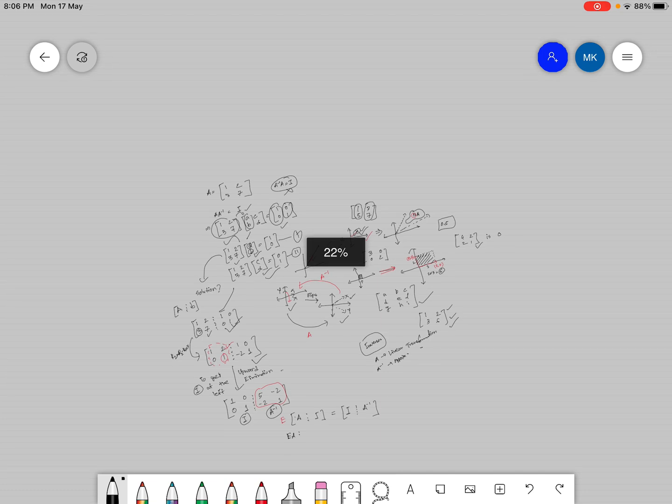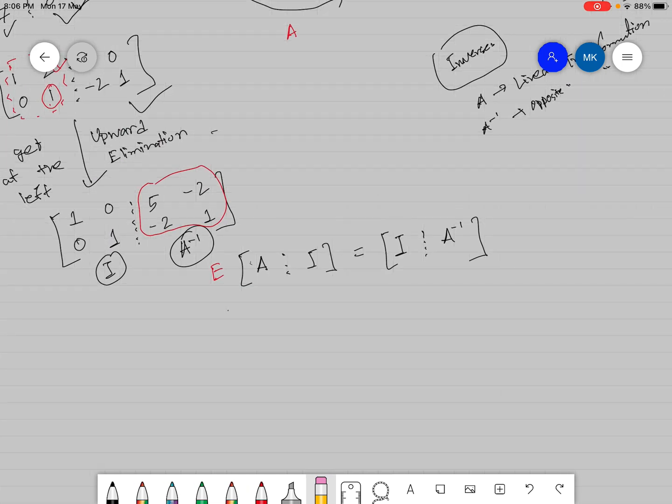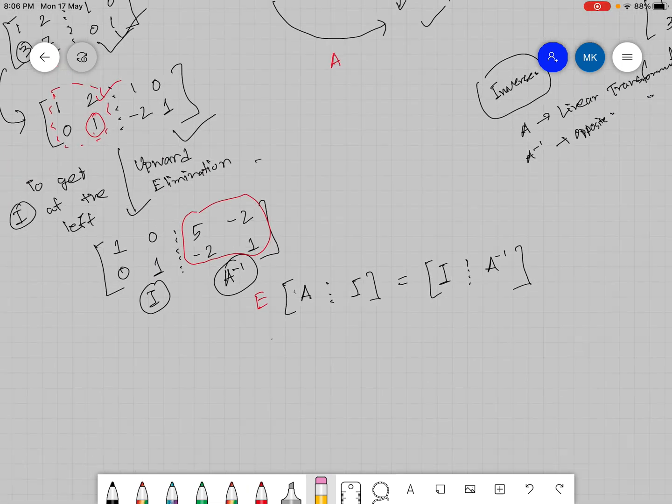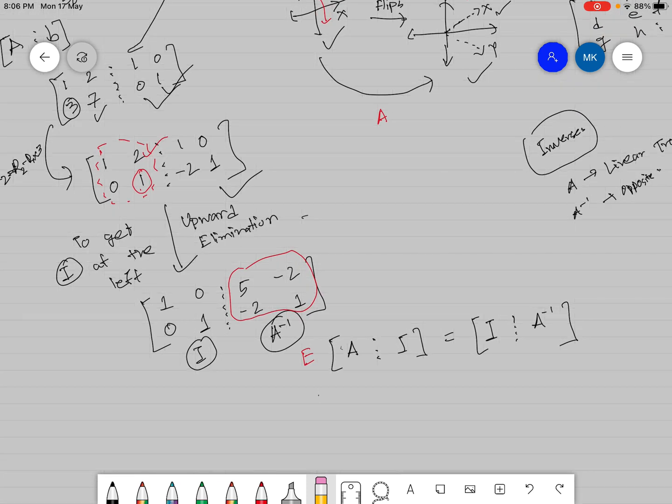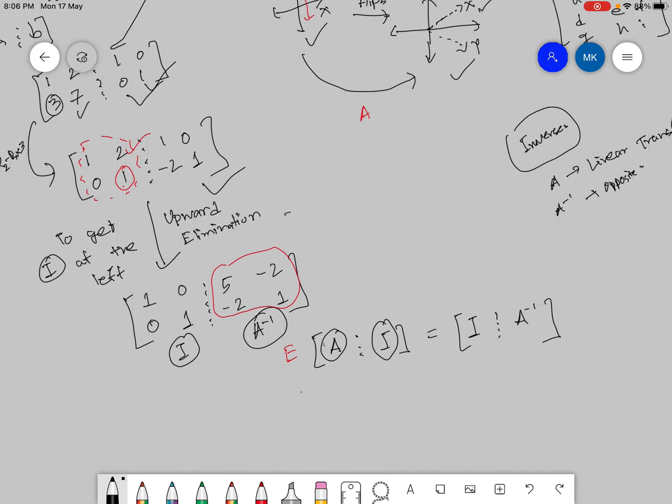it is E A. Yeah, this is okay. So first you started off with the matrix A, then you concatenate with the I, then the goal is to get the I at the left side, so that you get the inverse of A at this position.